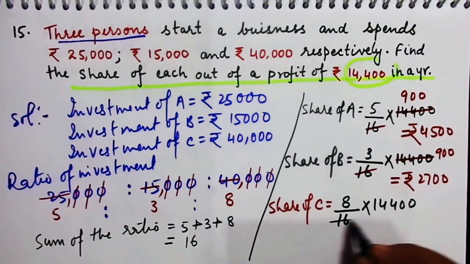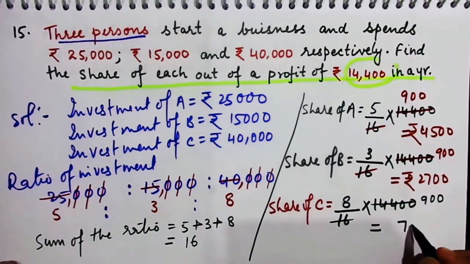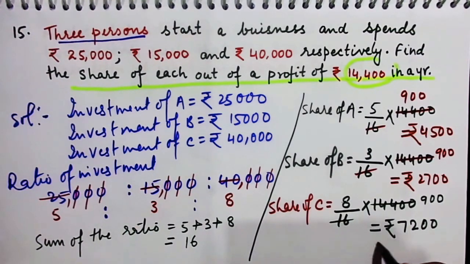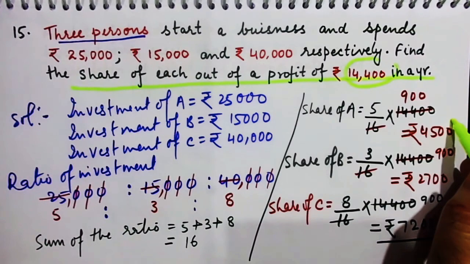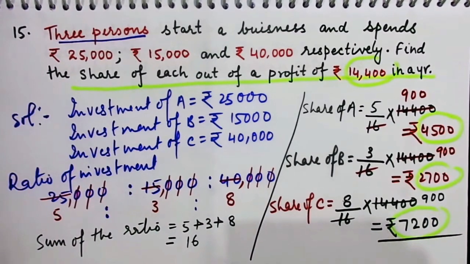On cancellation, 900, 8 into 900 is equal to 7200 rupees. So I have divided the profit in the ratio, in the values 4500, 2700 and 7200.